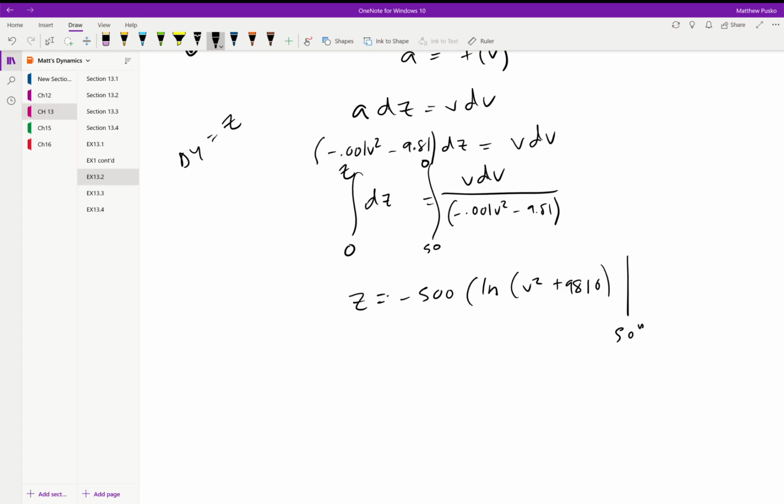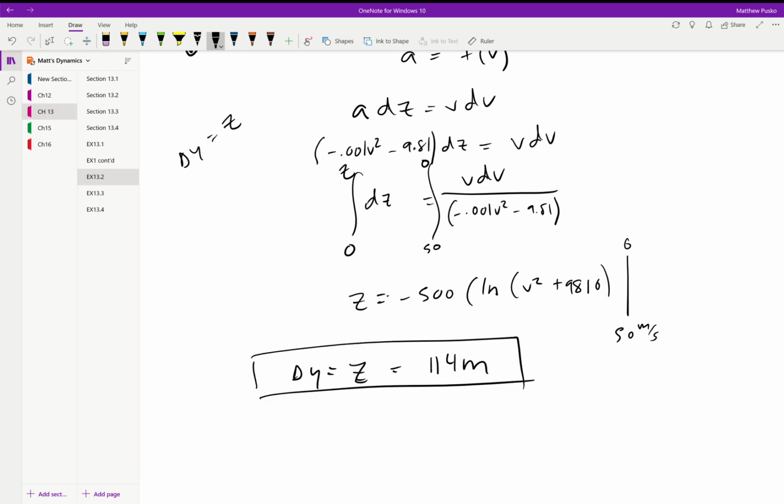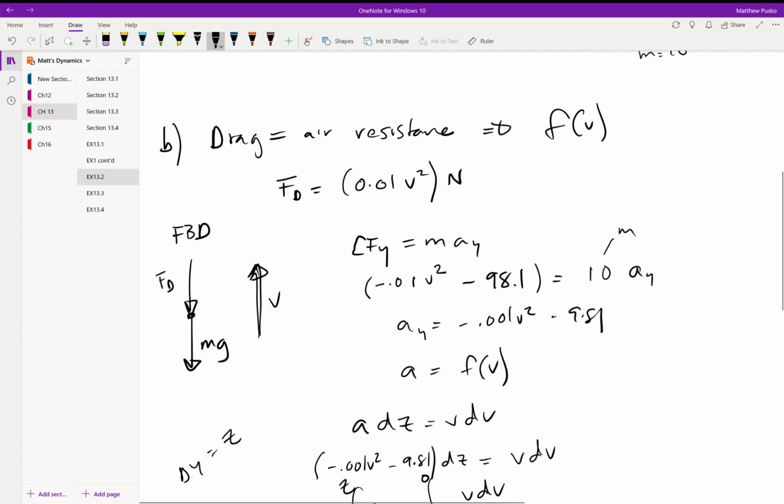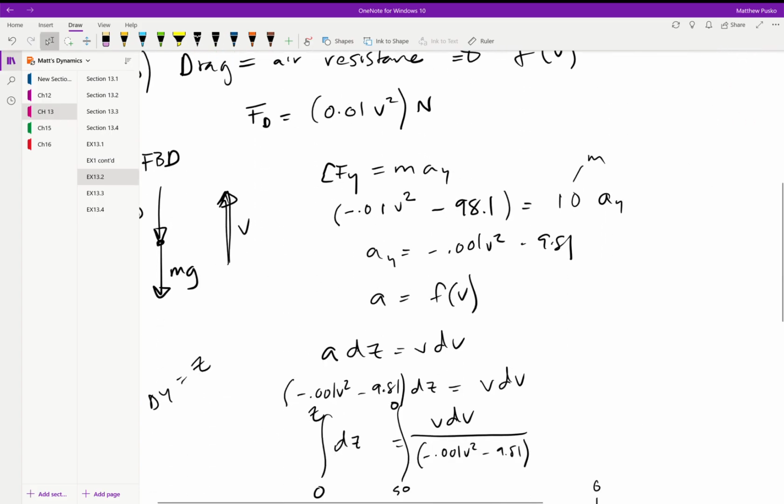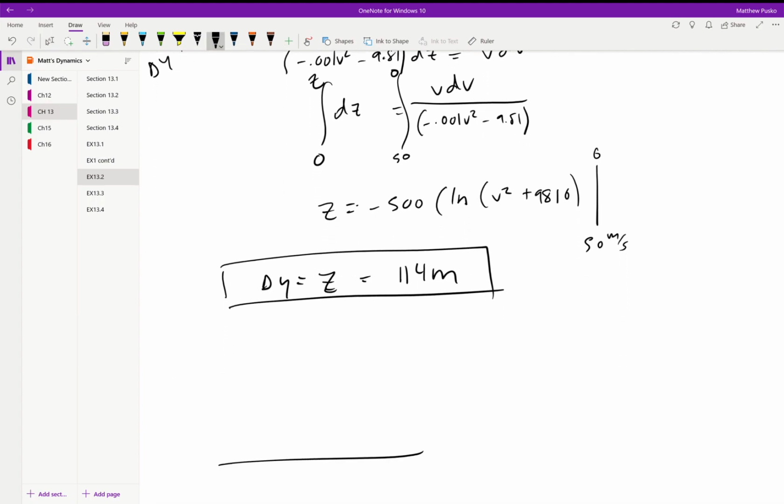Evaluate that at 50 meters per second from 0 to 50, and you get a delta y, or z, of 114 meters. Alright, if we look at what it was before, with no drag, no air resistance, it made it up 127. So from the ground, one made it to 127. With drag, it only made it to 114 meters. And that's what we would expect.